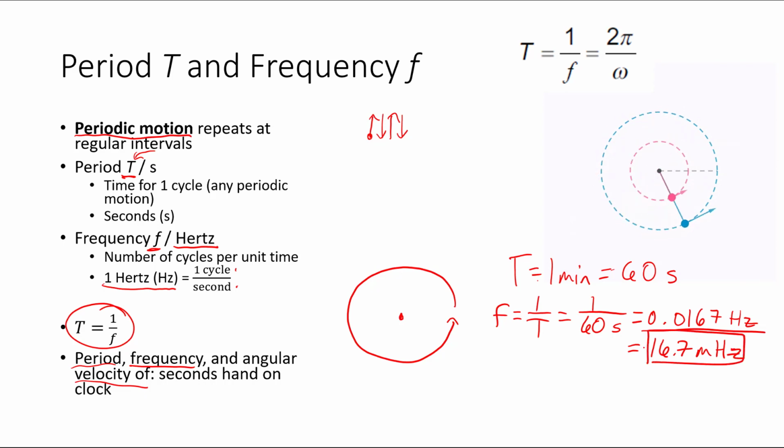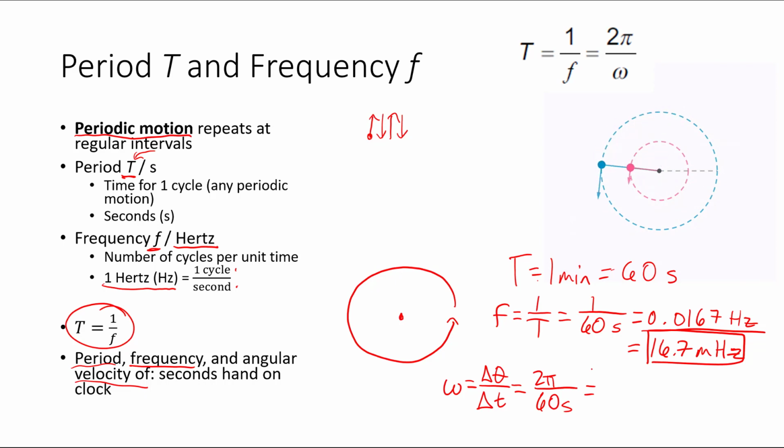16.7 millihertz. And then angular frequency, or angular velocity, that is, again, just angle over time, delta theta over delta t. If we're thinking about a full cycle of that hand, it goes around 2 pi radians, and the time it takes is still 60 seconds.